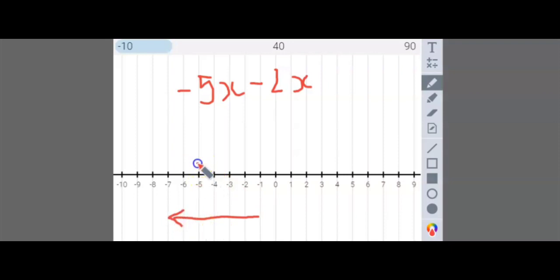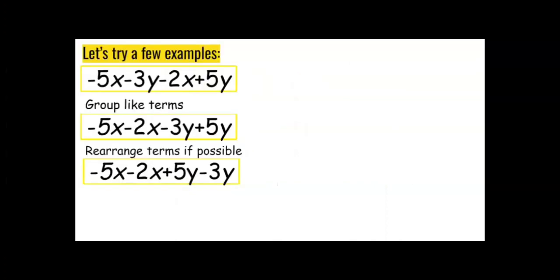So if we start at negative 5, that would represent our negative 5x, and we move 2x in the direction left. Then we ended up at negative 7. So our answer is negative 7x. All right, so we know that negative 5x minus 2x is the same thing as negative 7x.